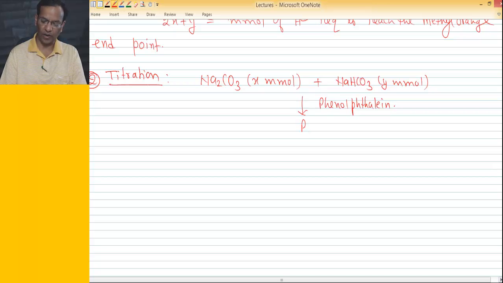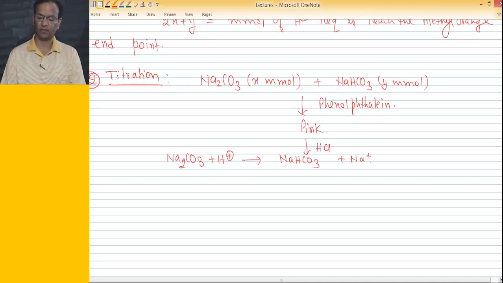Solution will become pink. Now start adding acid. What will happen? Sodium carbonate will be neutralized only in the first step to sodium bicarbonate, NaHCO3 and Na plus. The moment this reaction is complete, the solution will become colorless.